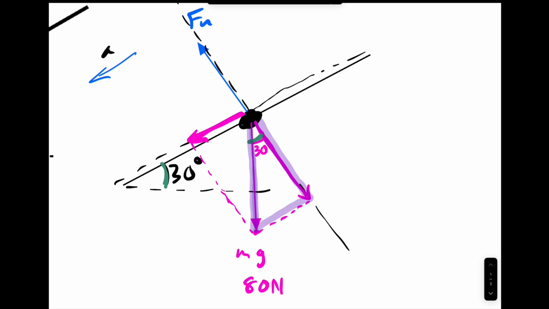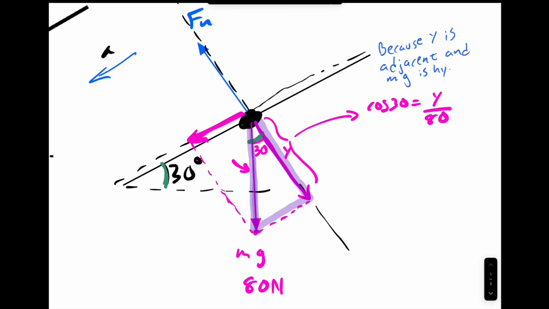So this component right here, since the vector itself is like the hypotenuse of that triangle, I'll go off to the side. If I call this y, we can say that the cosine of 30 would be equal to y over the hypotenuse, which I know is 80, the length of the actual gravity vector.